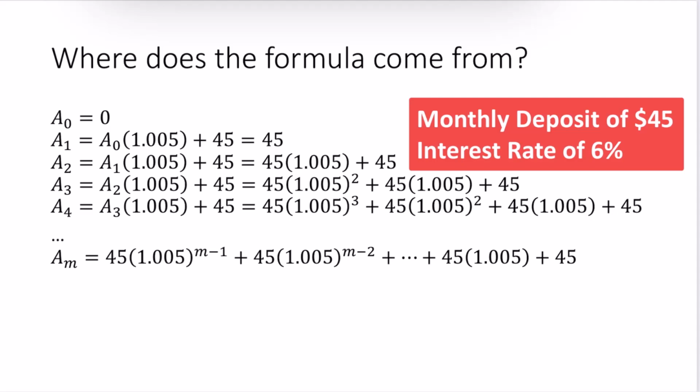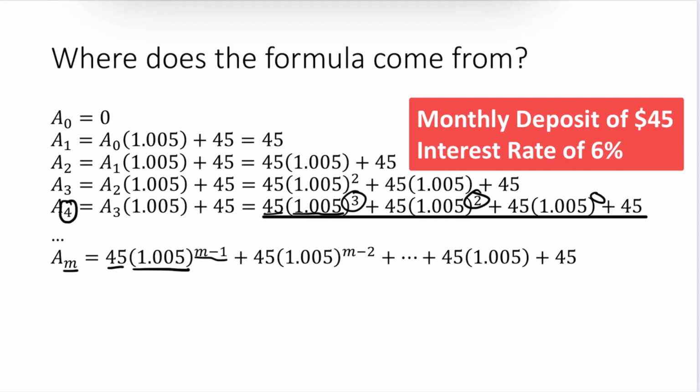And if you look at the calculation for month 4, you might notice that there's a pattern in there, because you basically have 45 times your interest percentage, and you have decreasing exponents on these terms. And so after m months, we basically will have 45 times our interest percentage raised to the number of months minus 1.